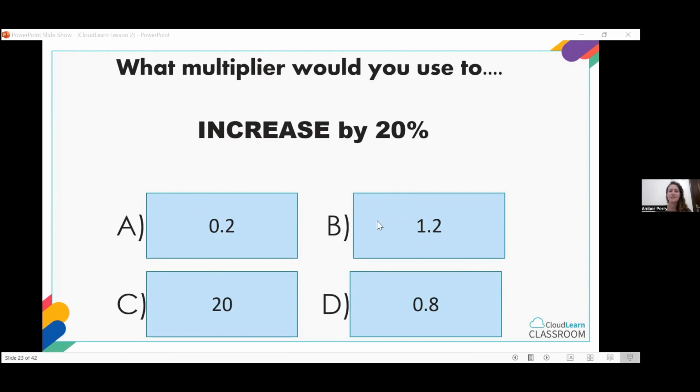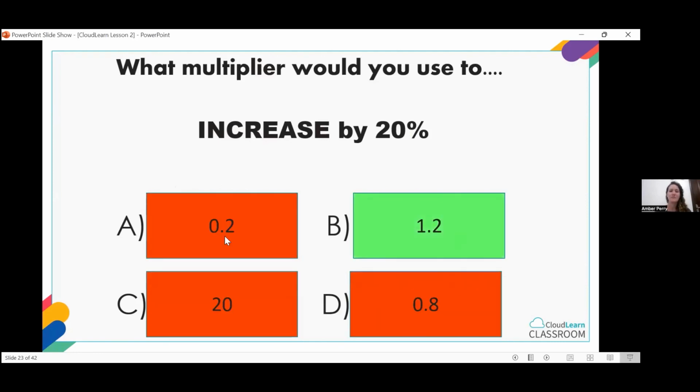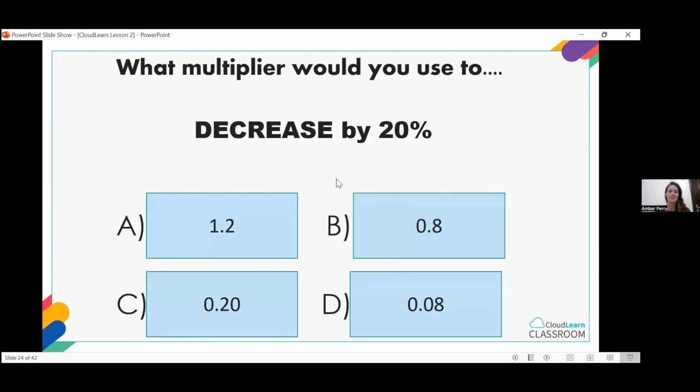And the correct answer is 1.2. The reason why is because 0.2 will give me that 20%, but it won't give me that full 120%. If I want to increase by 20%, I need 120% of the full amount. So I need to think, what's 120% as a decimal? So let's have another go to decrease something by 20%.